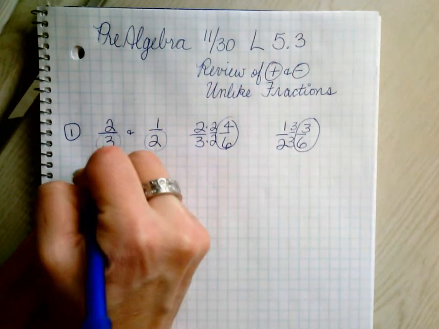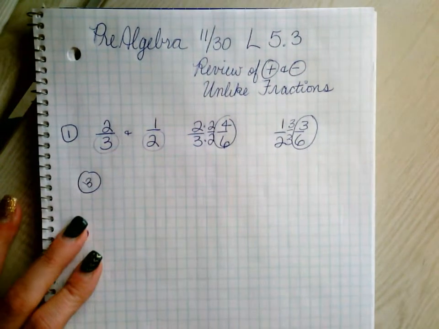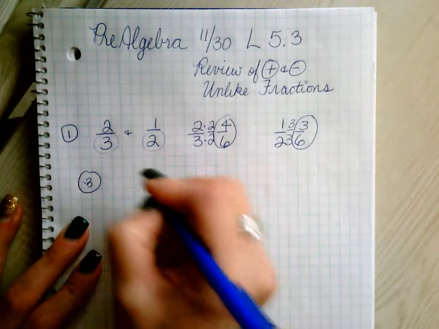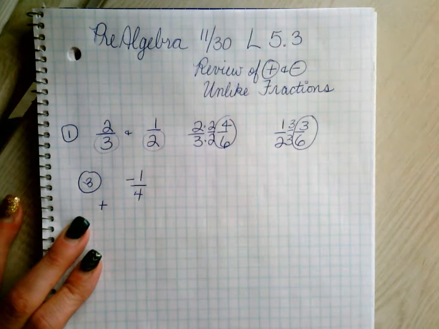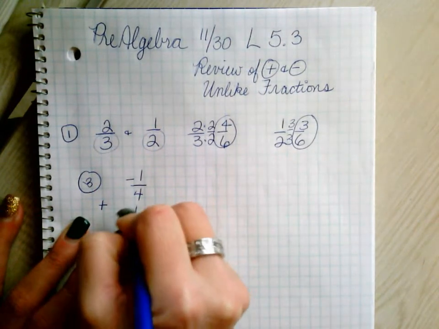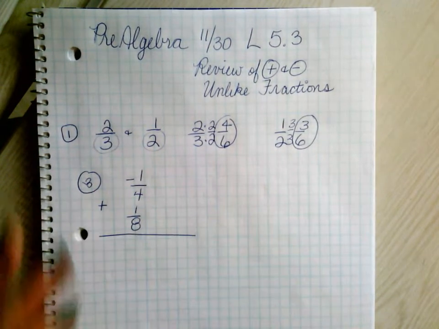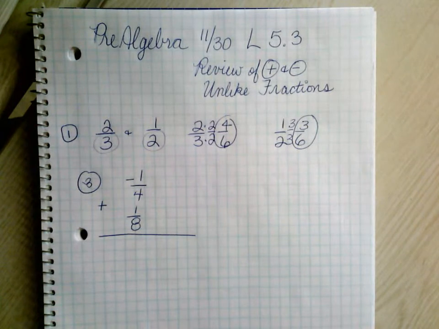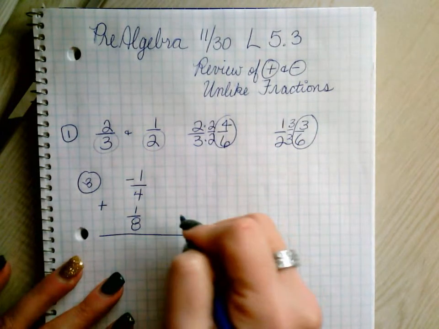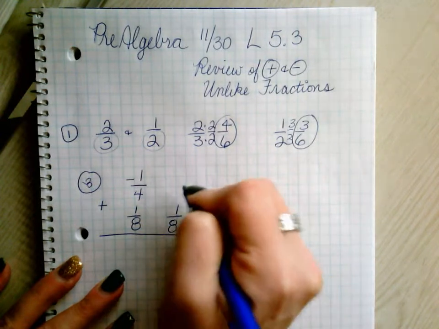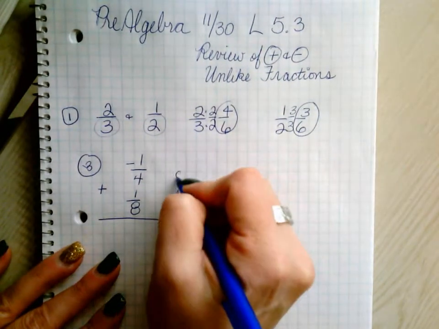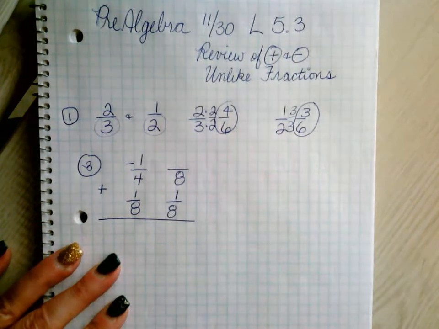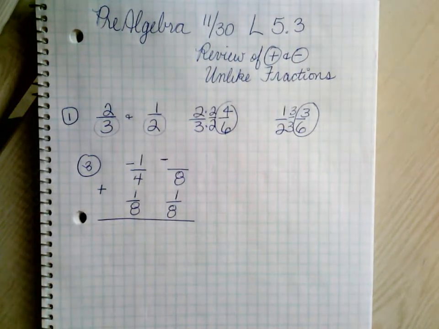Look at number 3 with me. Find the sum or difference. -1/4 added to 1/8. What are we going to switch these both to? 8ths, 16ths, any ideas? Haley says 8. So the second item doesn't change, but the top item has to get converted to 8ths. And by the way, it stays negative.